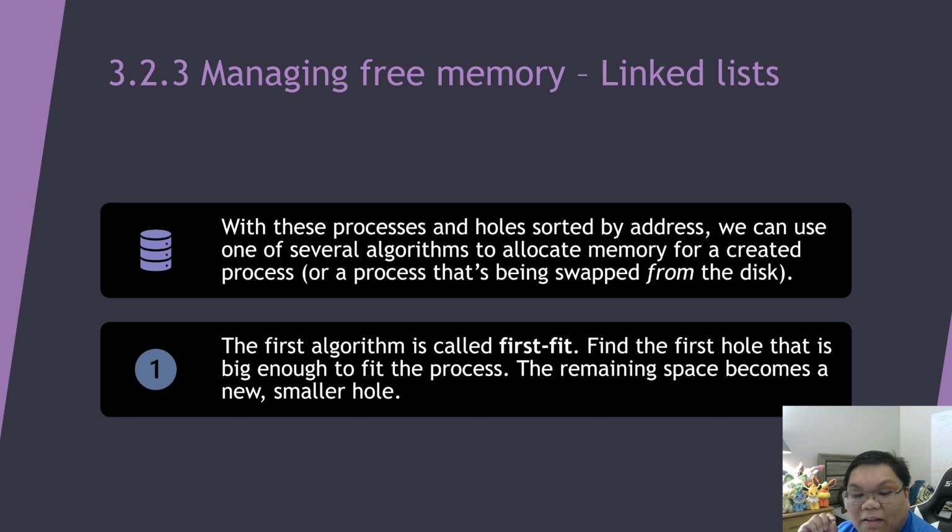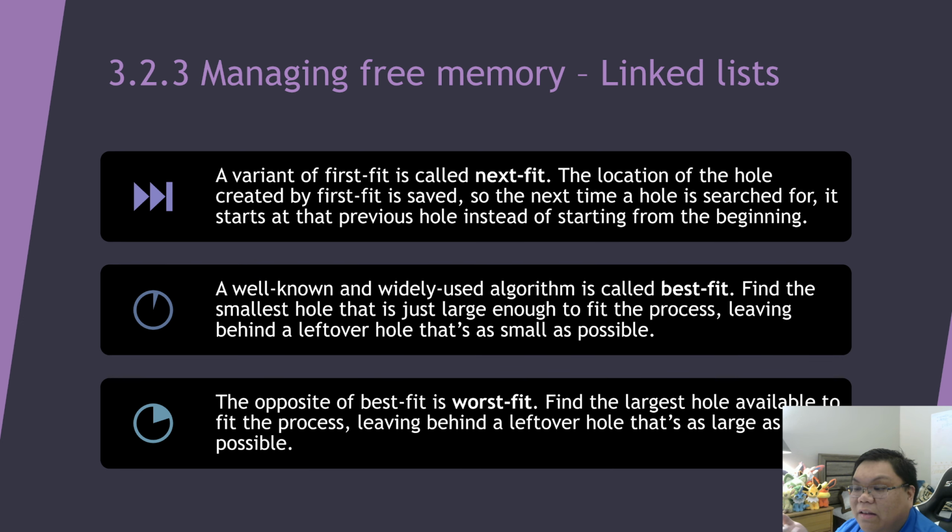The first of these algorithms is to find the first hole big enough for that process. That is called first fit. Literally, find the first hole that is large enough for a process. A variant of that is called next fit.